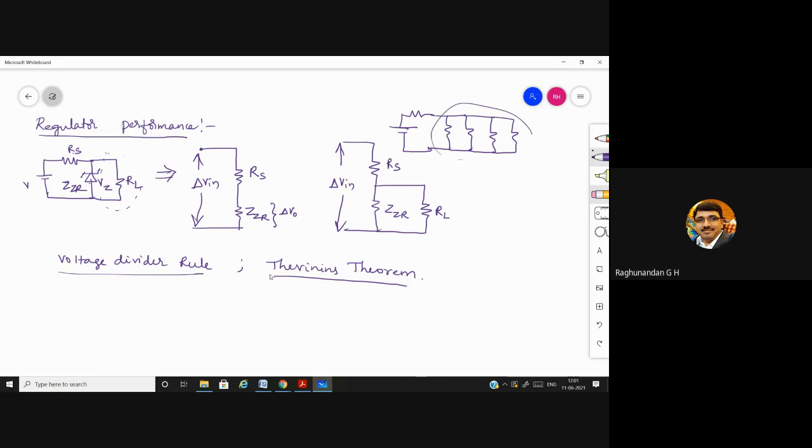This circuit will be reduced into a simplest form like this. So what the Thevenin theorem states is that a complex circuit can be reduced into its simplest form by finding out the effective values.